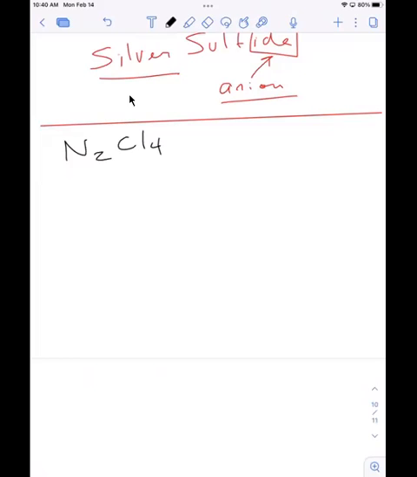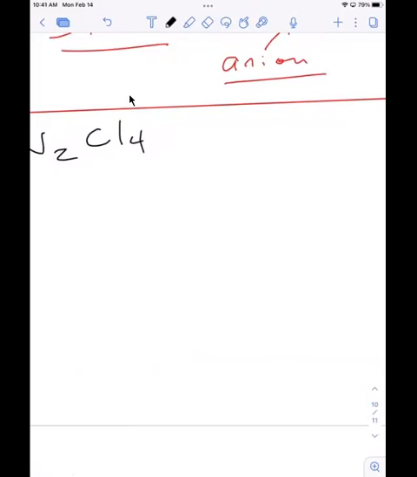Is nitrogen a metal or non-metal? Nitrogen is, I don't know, because that metalloid line is somewhere right here. Is it a non-metal? Yeah, it's next to carbon, right? Right. And carbon is next to boron, which is the first metalloid. So anything to the right of boron is going to be a non-metal. Got you. So both of these are non-metal. So this would be covalent.